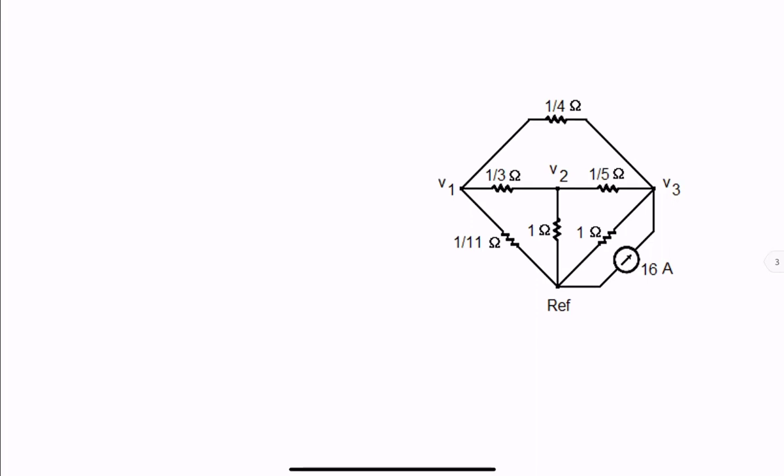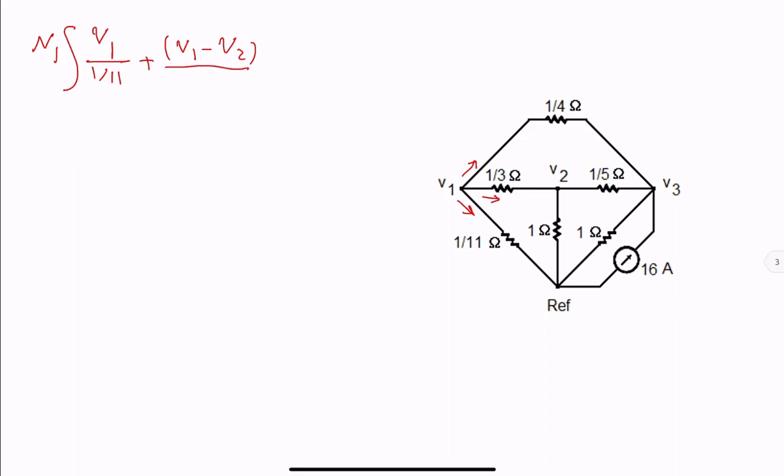So looking at the figure and node 1, we want to add these three currents together and put the sum equal to 0. So node 1, we have V1 over 1, plus, through the 1/3 ohm, voltage across it is V1 minus V2.